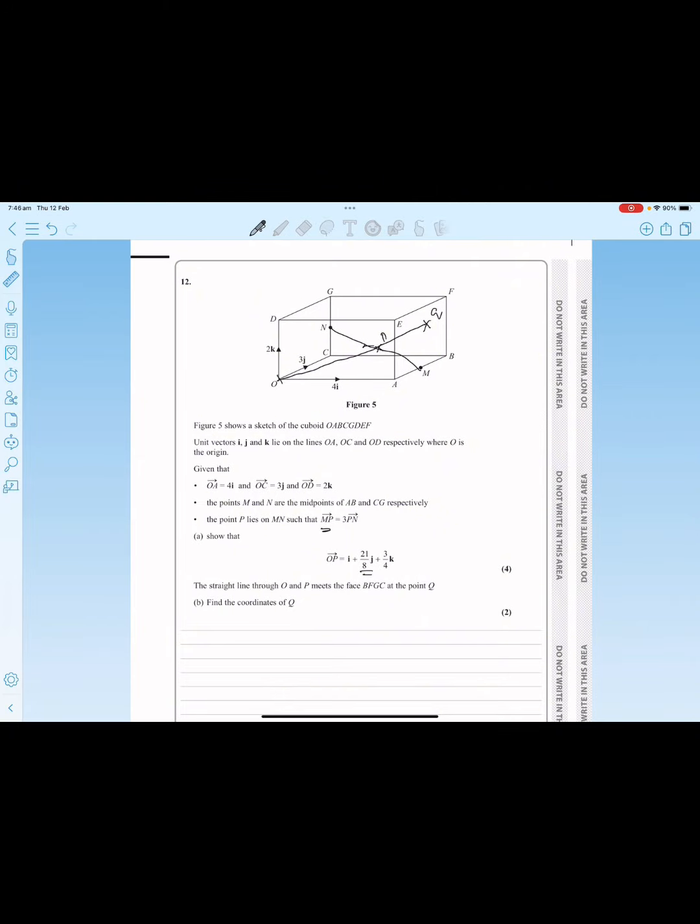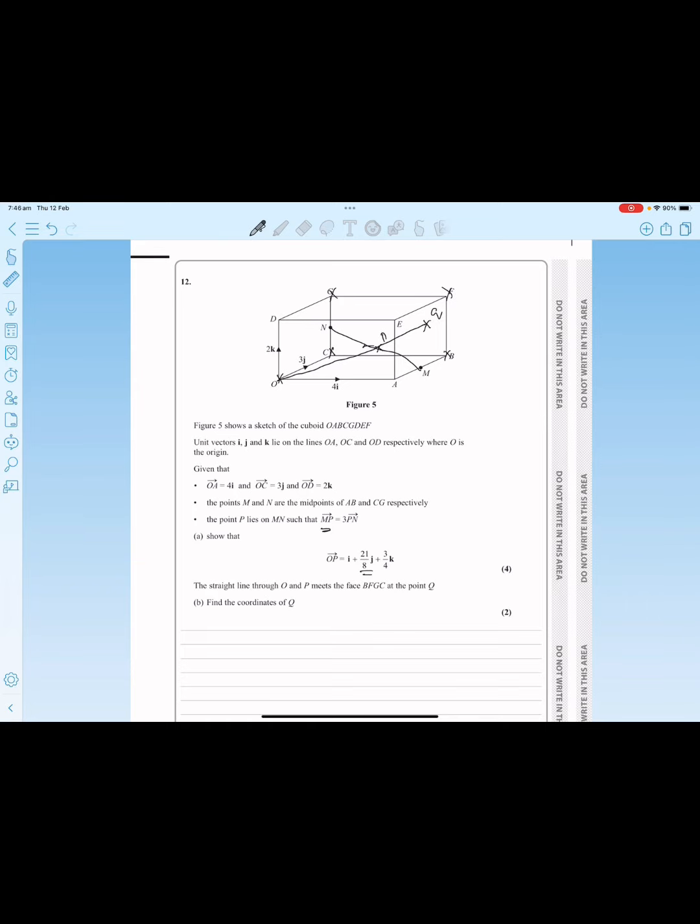So there's a straight line OP, and it meets the point Q somewhere, let's say here. We have to find the coordinates of this. Now, what you really need to spot here is that when the point Q reaches that face, the j component will be turned into 3j. Why is that? Because we start from the origin, and all of these points are 3j away.